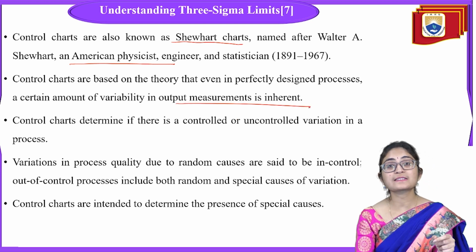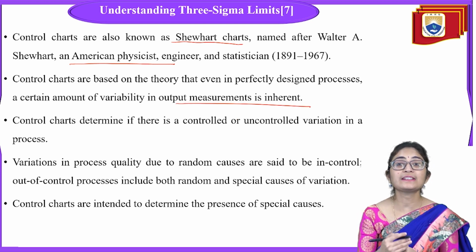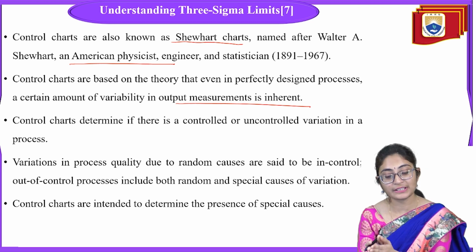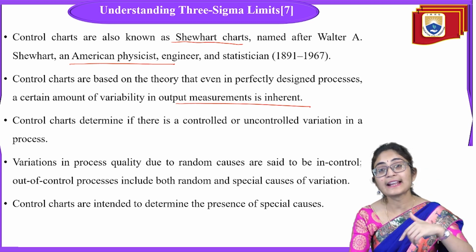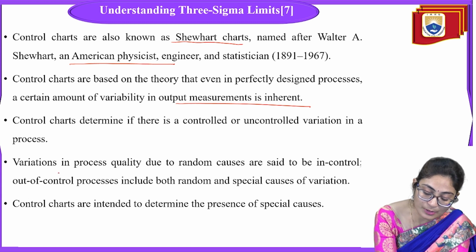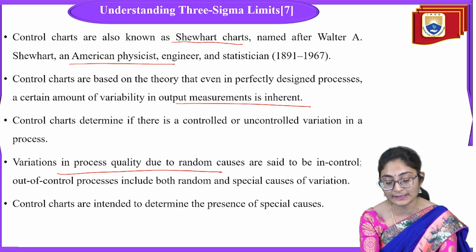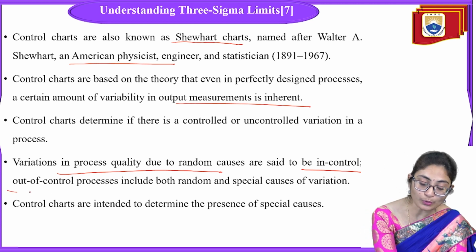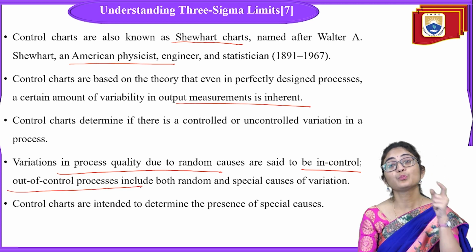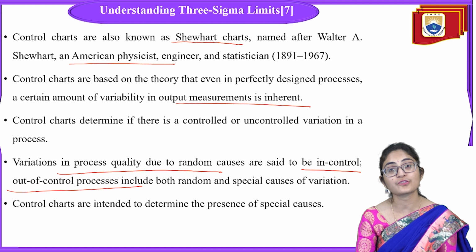These control charts determine if there is controlled or uncontrolled variation in the process. Variations in the process quality due to random causes are said to be in control. An out of control process includes both random and special causes of variation.